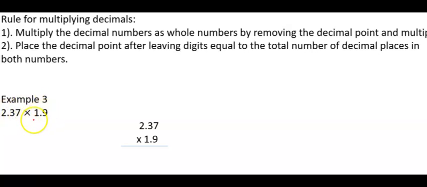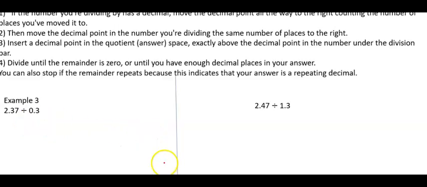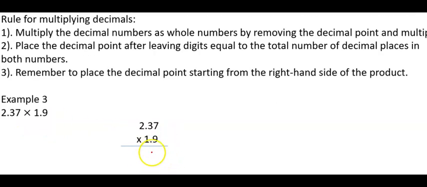So in the answer, we're going to modify our answer to correct that, to get back to the correct answer. So we're going to place the decimal point in the place, counting from the right to the left, to make sure we have the total number of the place values as in the original two numbers.